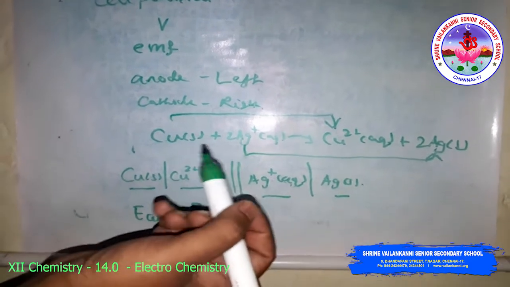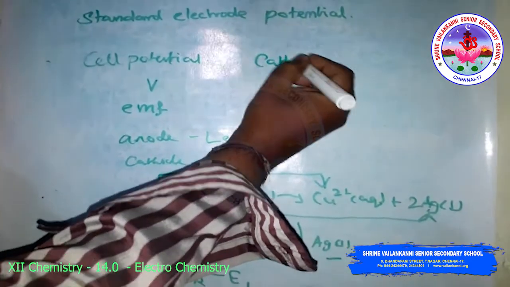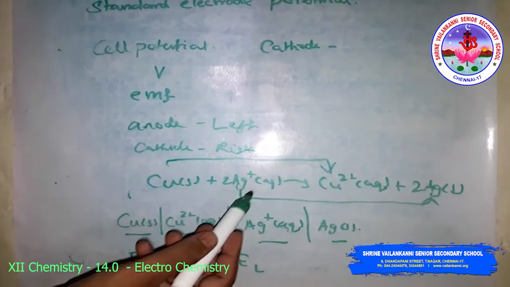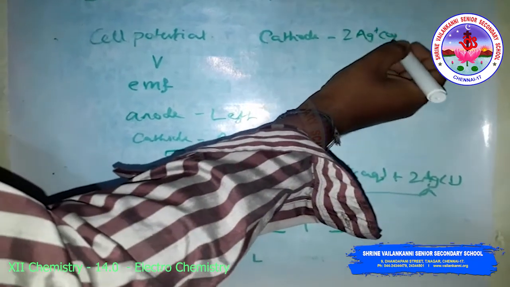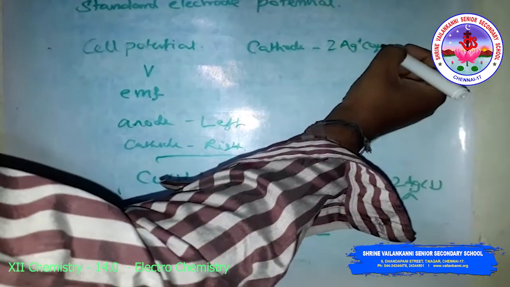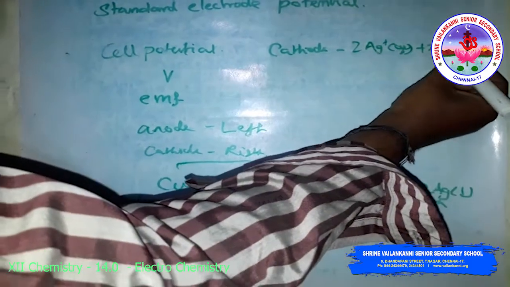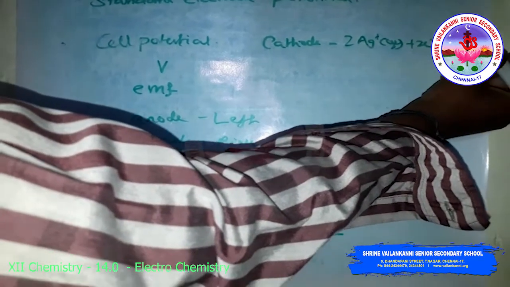The half cell reaction at the cathode is reduction. Which one undergoes reduction? Ag. So 2 Ag plus aqueous, gaining 2 electrons, gives 2 Ag solid.